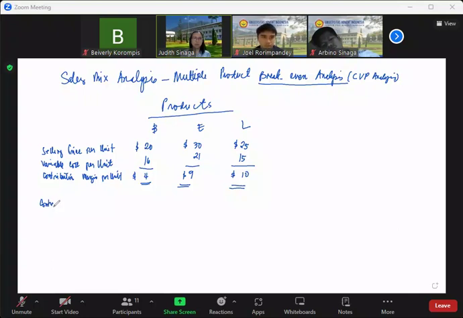Can you get the contribution margin ratio? Contribution margin ratio-nya kira-kira berapa?